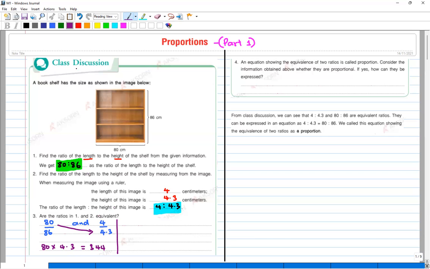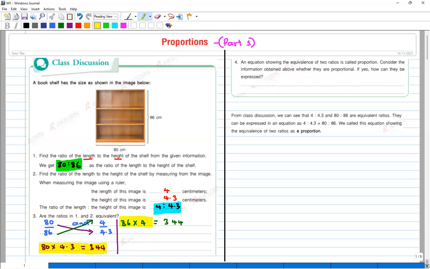Now, let us get 86 times 4. 86 times 4, still we get 344. Now, you see that these two parts, this one, 80 times 4.3, it gives us 344.